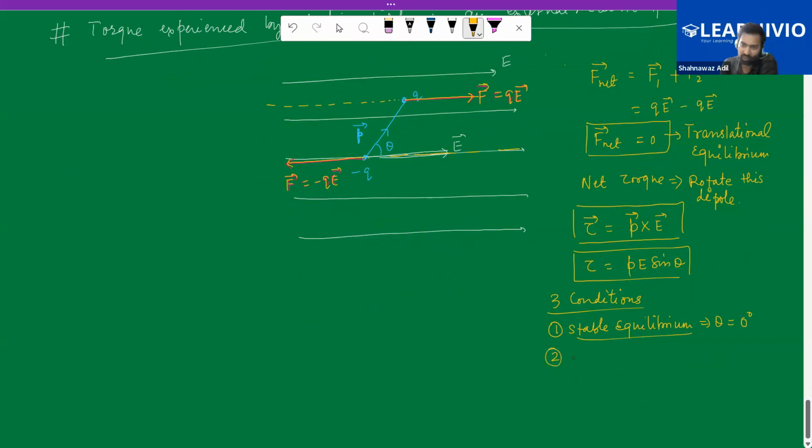And we have unstable equilibrium, which is 180 degree. And then we have maximum torque, which is 90 degree. So these are the three special conditions.